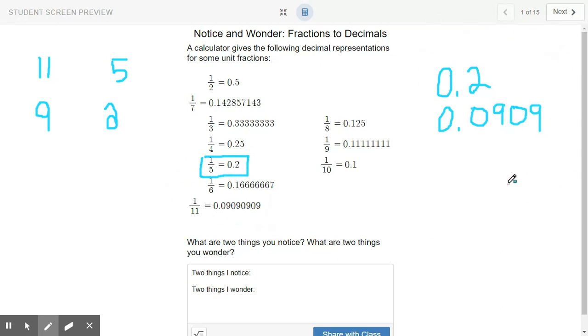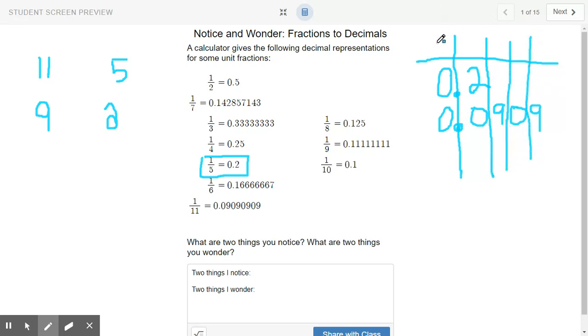We can see this. I lined them up as though we had a place value chart. Okay? So, a place value chart simply takes numbers, and I'm going to put that decimal in there, and takes their place value into account. Okay? So, here's our ones, here's our tenths, here's our hundredths, here's our thousandths, and here's our 10,000ths.